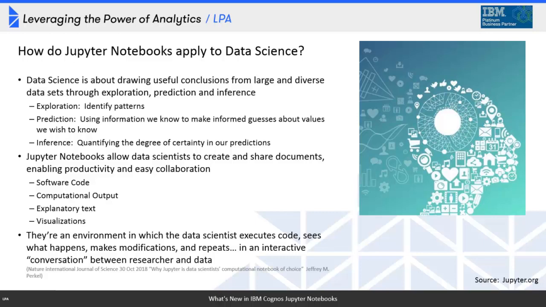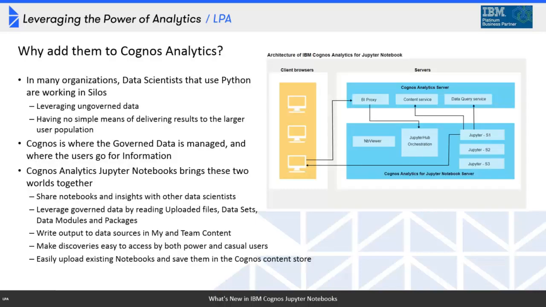Collaborate across your organization with data scientists, sharing, in the case of Cognos Analytics, my notebooks with those data scientists and my non-data scientists. So that's why we added them to Cognos Analytics, says IBM.